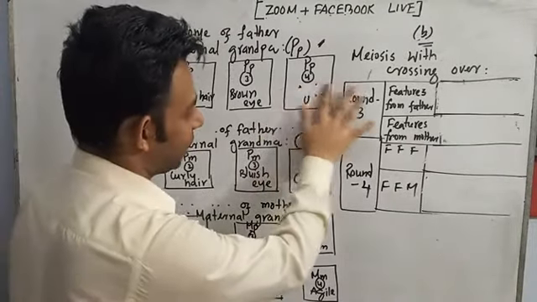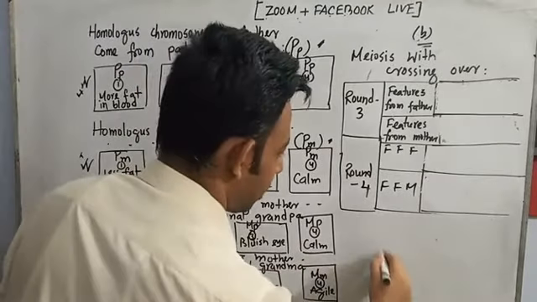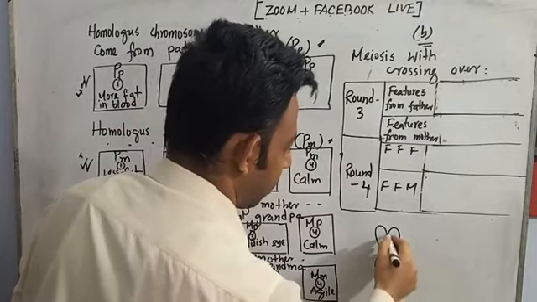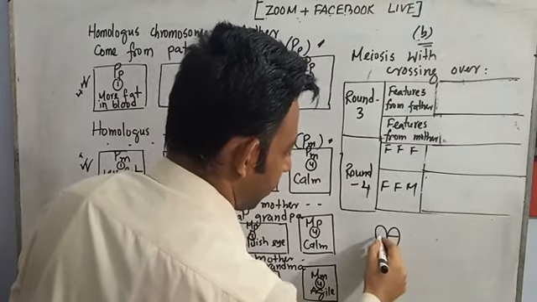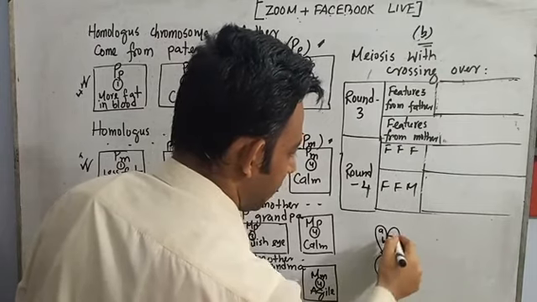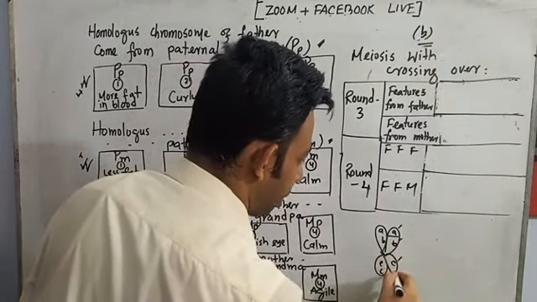Now, crossing over means whatever we have done accordingly. Suppose we think about A, B, C, D and A prime, B prime, C prime, D prime.